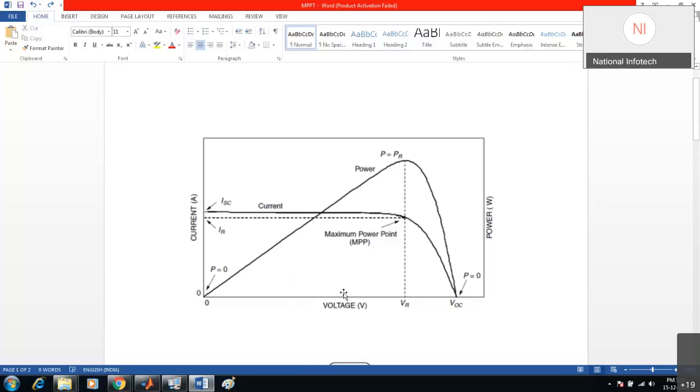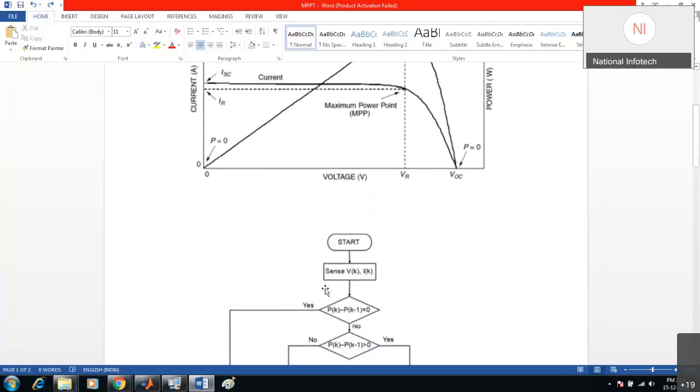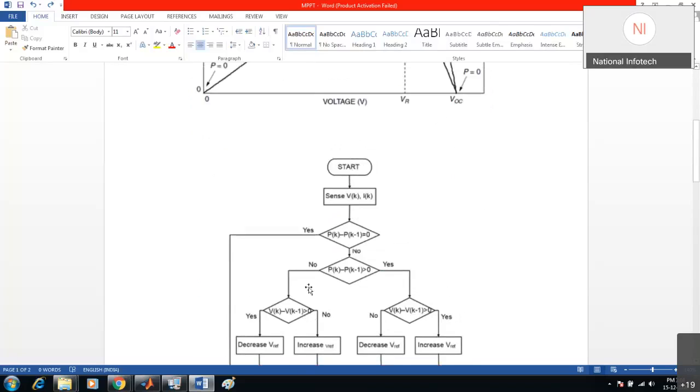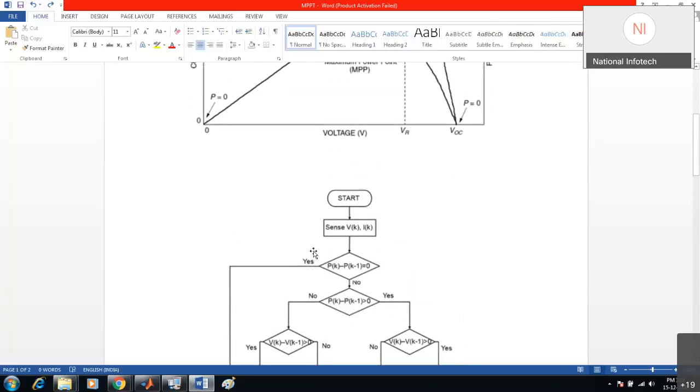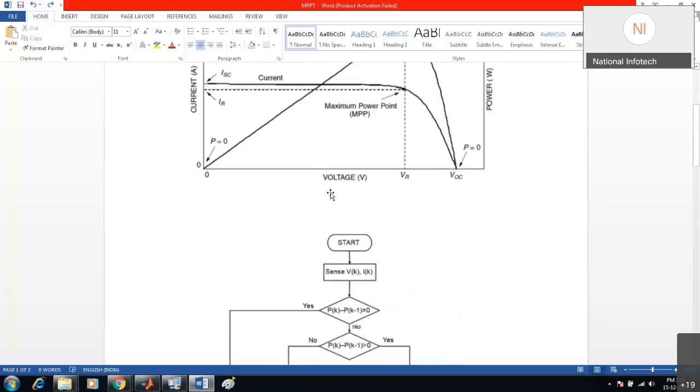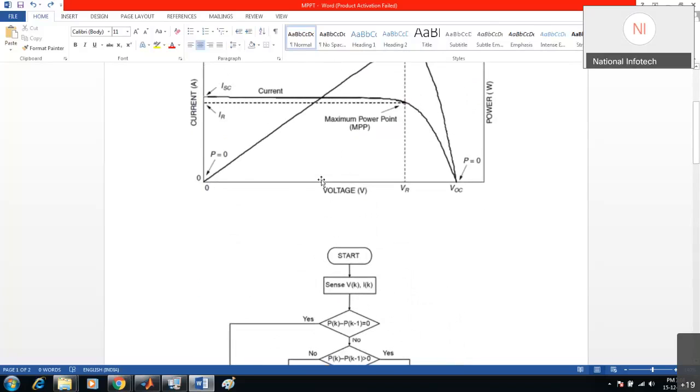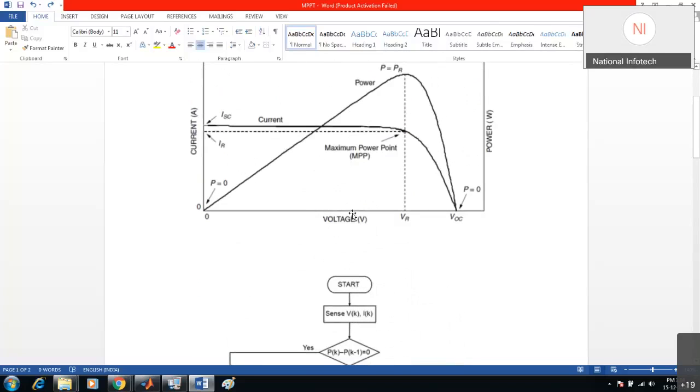Right now we are just understanding from the point of view of voltage. It will increase the voltage until it gets the power here. After this instance, the voltage is also available more, but delta P is not greater than 0.